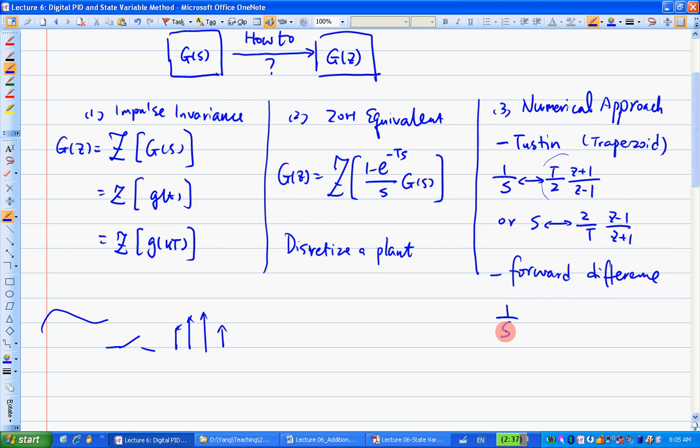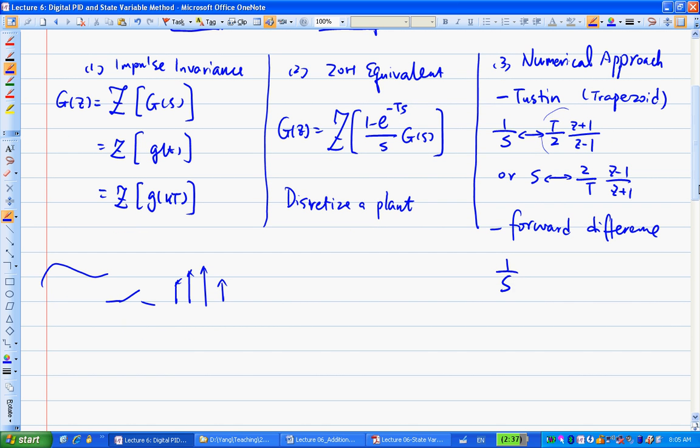We also had the forward difference. For forward difference, you're using a rectangle, using the previous value to create the rectangle. We derived that 1 over s is T over z minus 1, or s is z minus 1 over T. So this is forward. Then we have the backward difference.